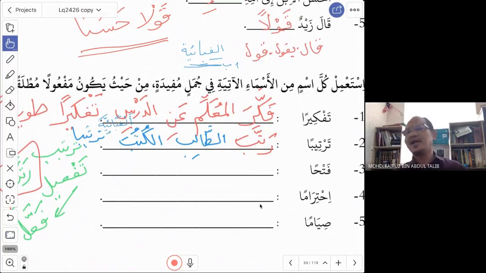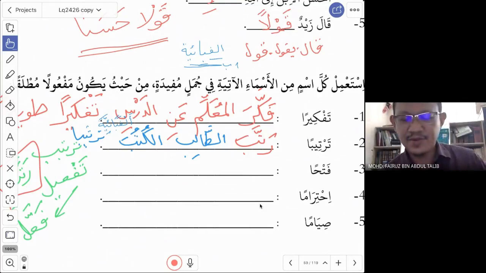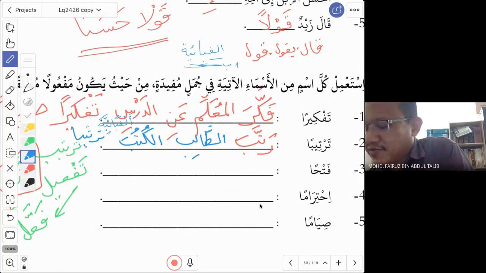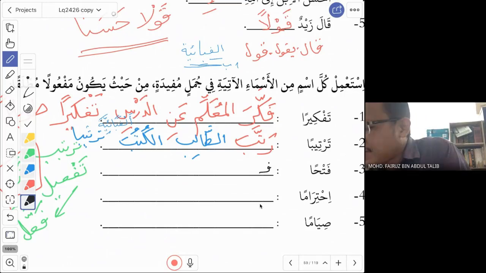Fathan. What is the fi'l? This is a 3-letter fi'l, so no wazn to follow. Can you guess? Fathan. 3-letter fi'l. This is easy. Fa, ta, and ha.